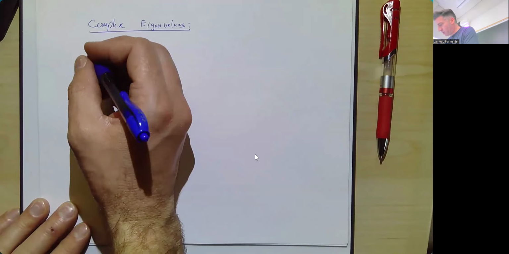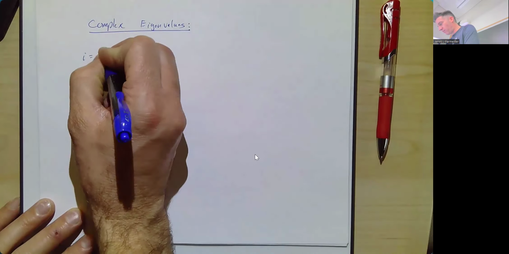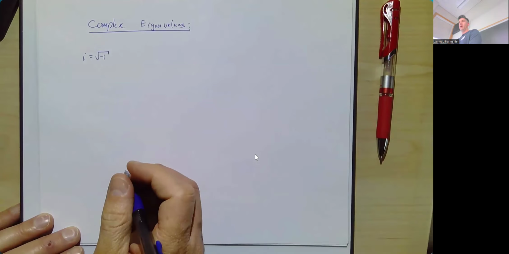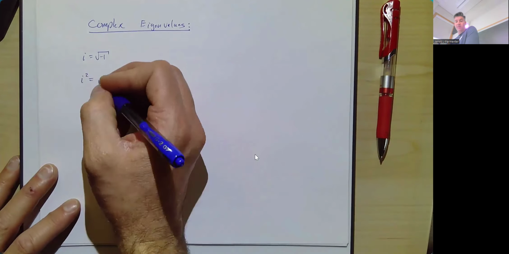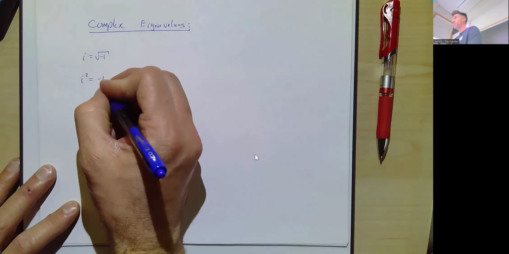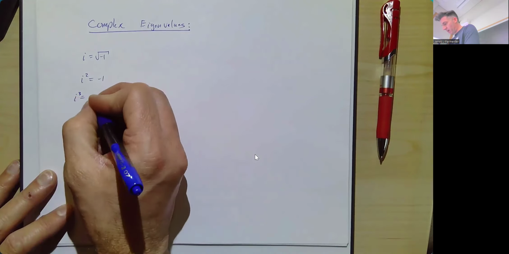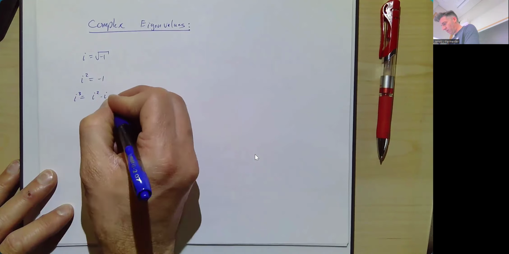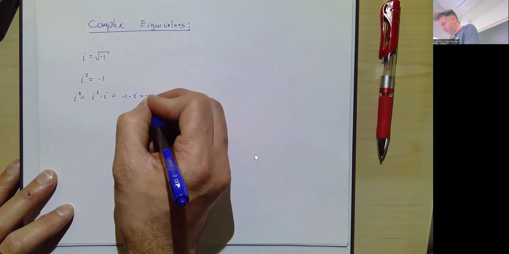Anyway, so what's a complex number? With i, what is i? Right. i is the square root of -1. And there's nothing else to say about it, really. I mean, there's a lot to say about it. i squared is the square root of -1 times the square root of -1, which is going to be -1. i cubed is i squared times i, which is -1 times i, which is -i.